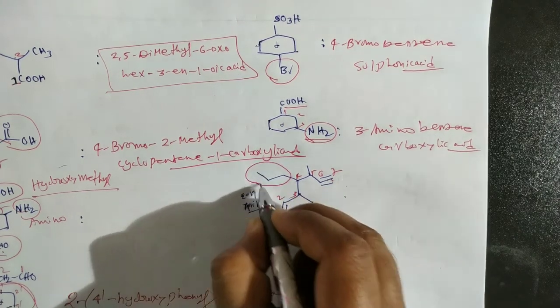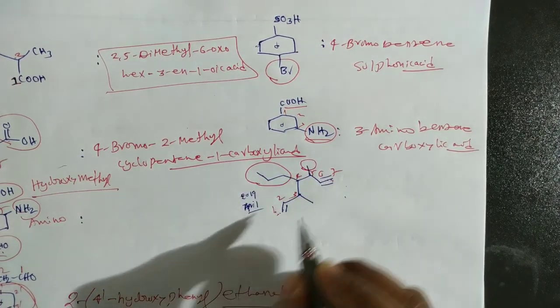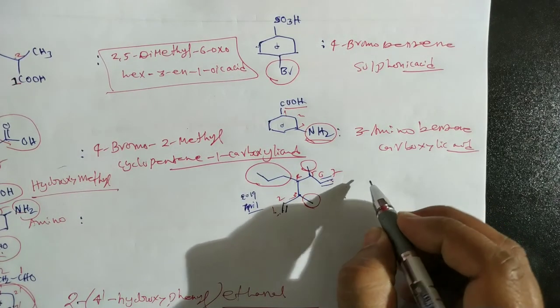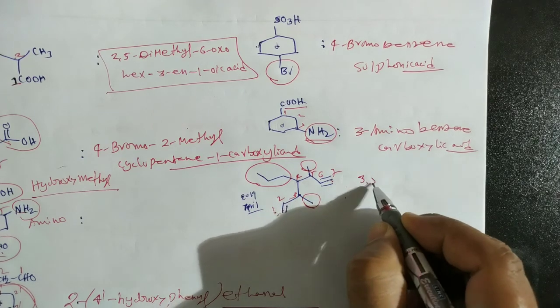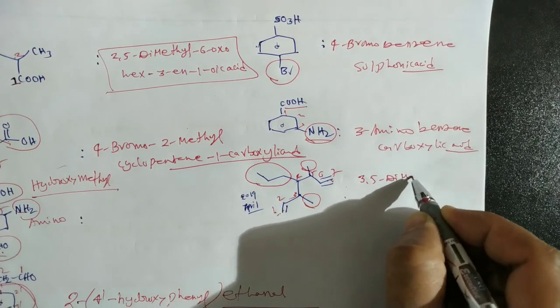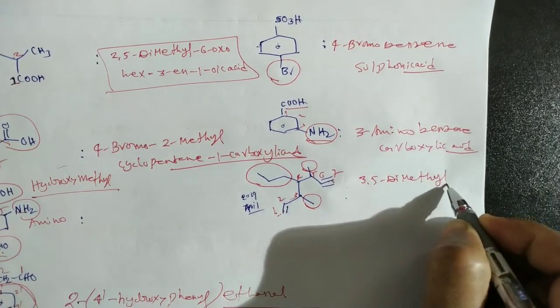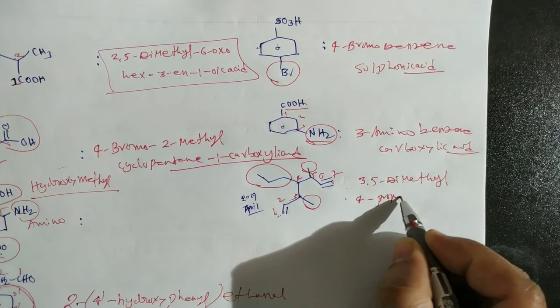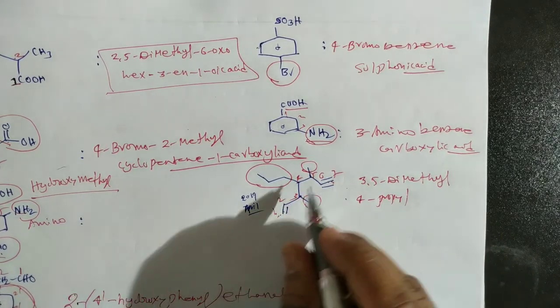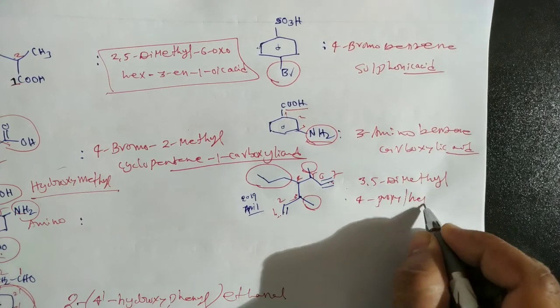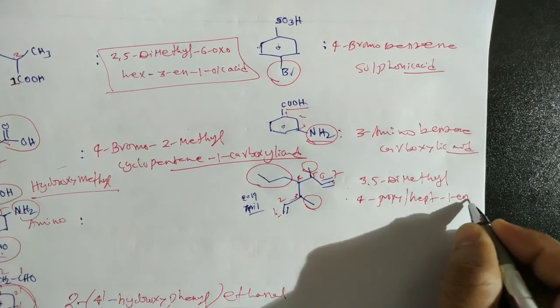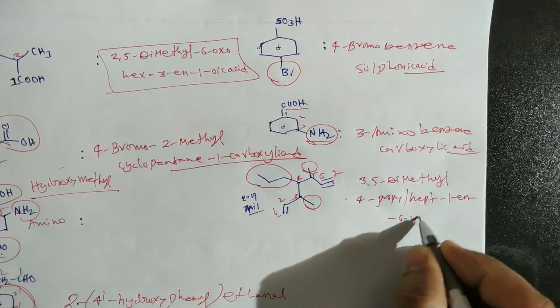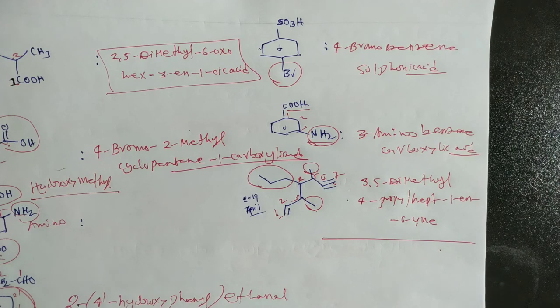So here 4 propyl, 5 methyl and 3 methyl. So 3,5 dimethyl, 4 propyl and total carbon 7, so hept 1 ene 6 yne. That is the IUPAC name of this compound.